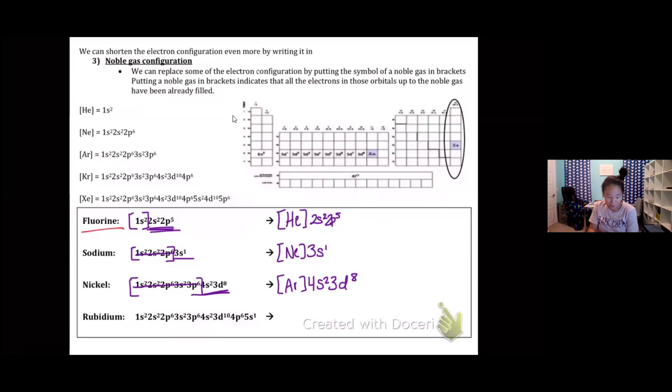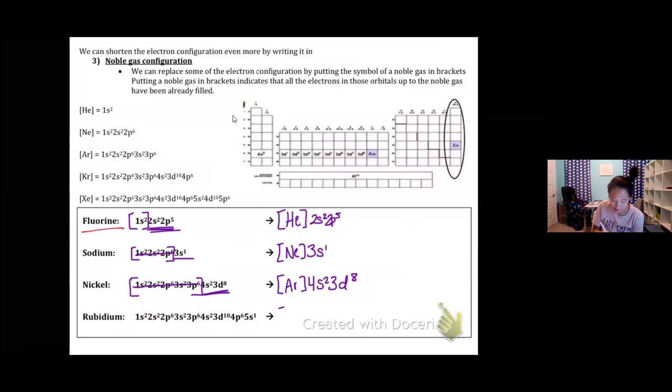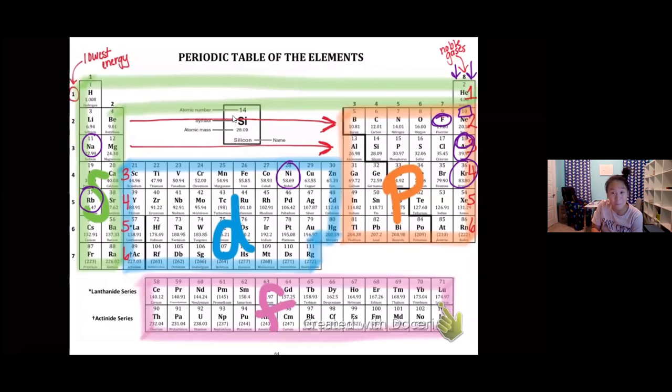The last example is rubidium. Rubidium is pretty far. It's right here. It's electron number 37. So what is the noble gas before rubidium? Electron 37. It would be electron 36 right here. It's krypton. So you would write krypton in brackets like this. Krypton is going to replace a bunch of electron configurations.